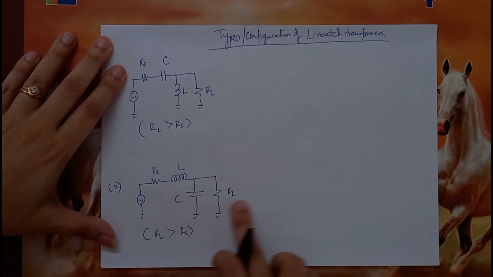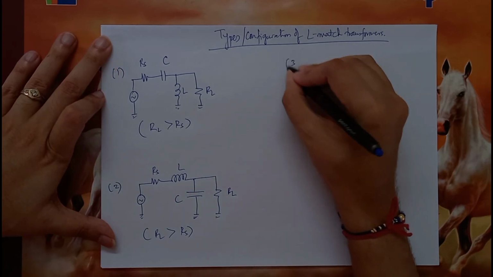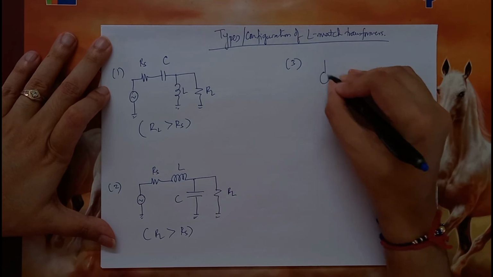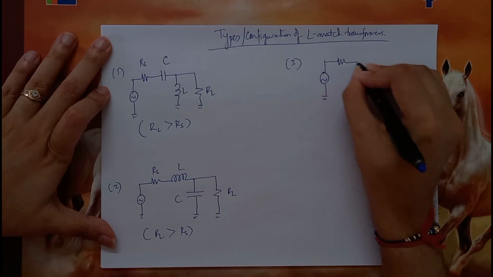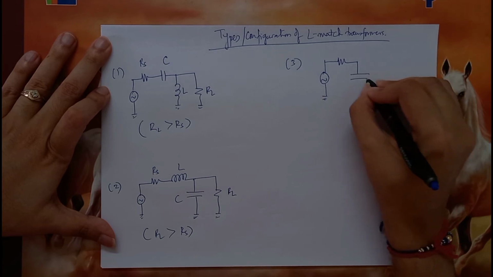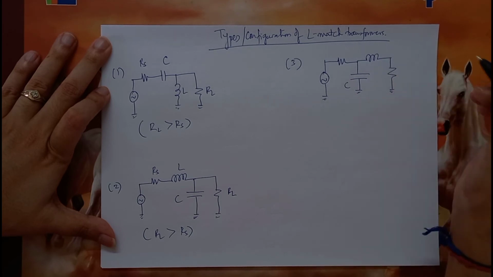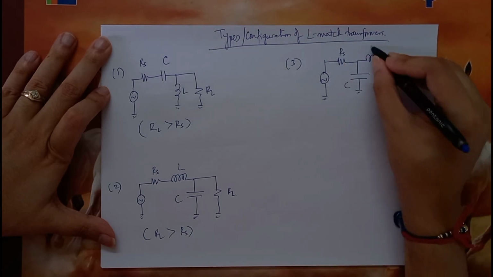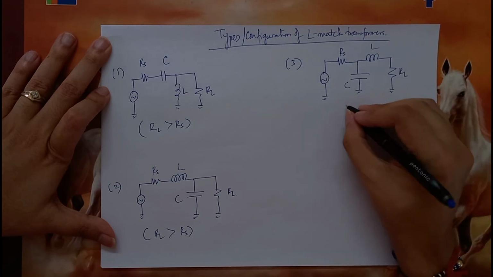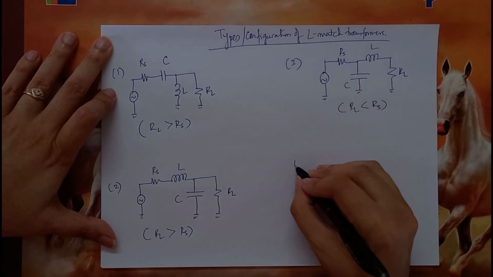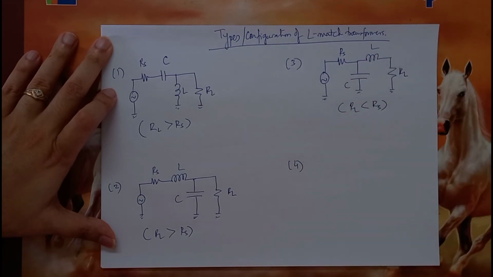The only difference is you will now have to transform this RC network from parallel into series while keeping L as the dummy element. The third case will be this. This will now work when RL is less than RS. Likewise, the fourth case is quite obvious when these two will be interchanged.